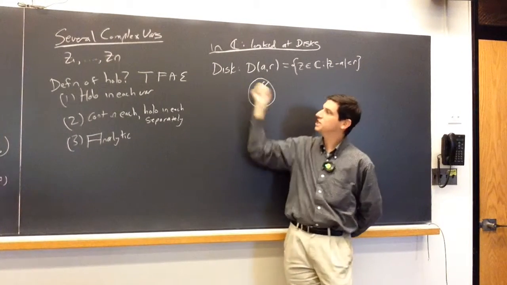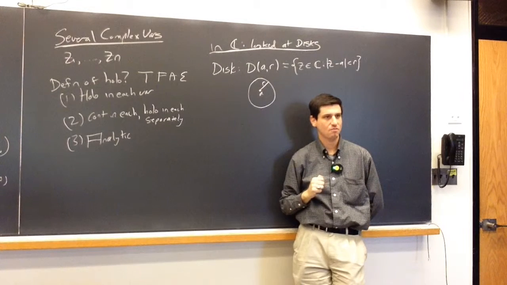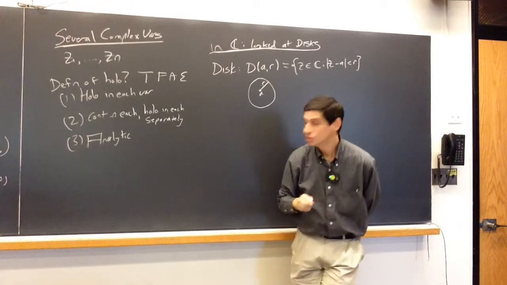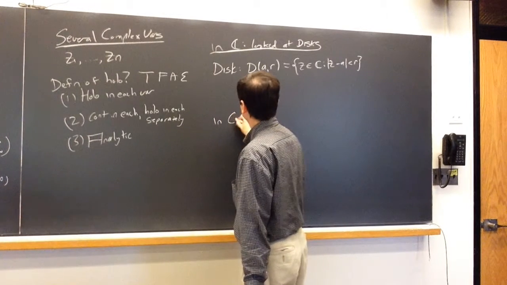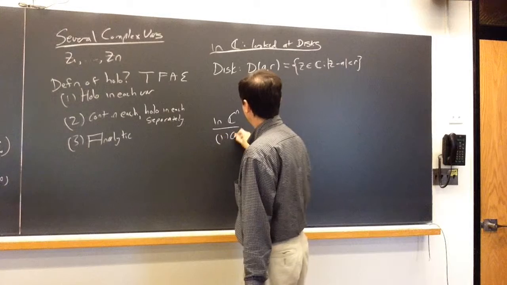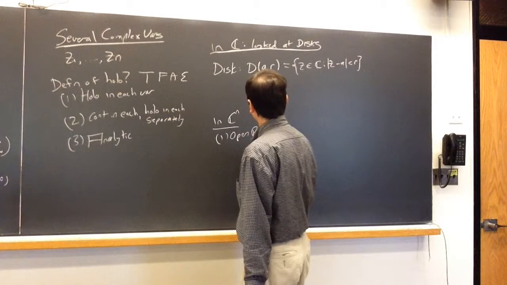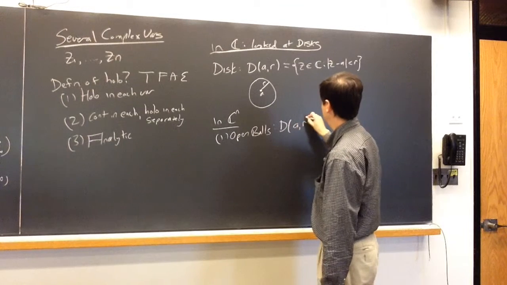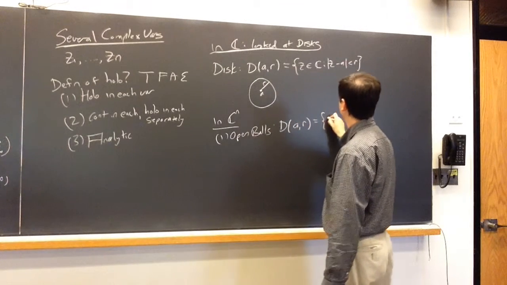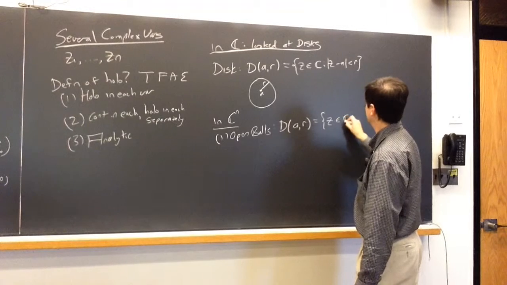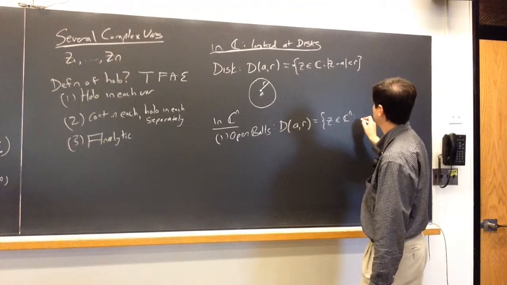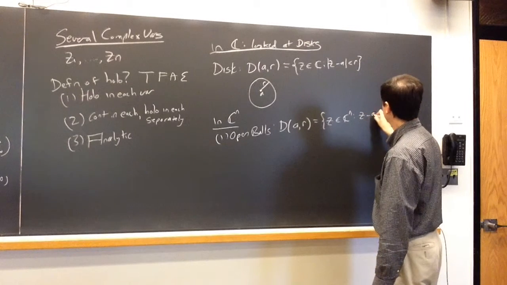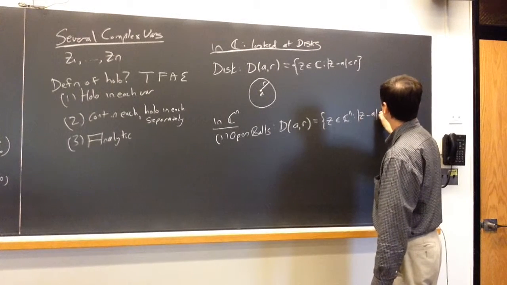What would be the generalization of this in several variables? Just balls, open balls. So one possibility in Cn is open balls. D of a and r would be the set of all z in Cn such that the norm of z minus a is less than r.